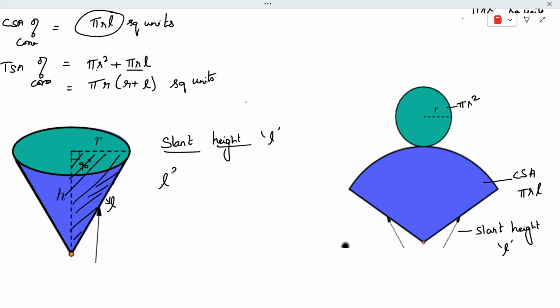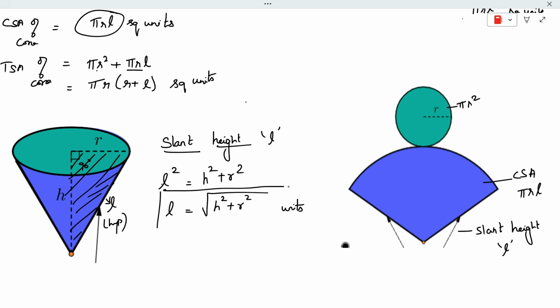I can use the Pythagoras theorem where L is going to be the hypotenuse, right? So L square is equal to h square plus r square. When I take the square to the other side, it becomes a square root. So L is nothing but the root of h square plus r square units. So this is the formula for determining the slant height when the height and the radius are given.